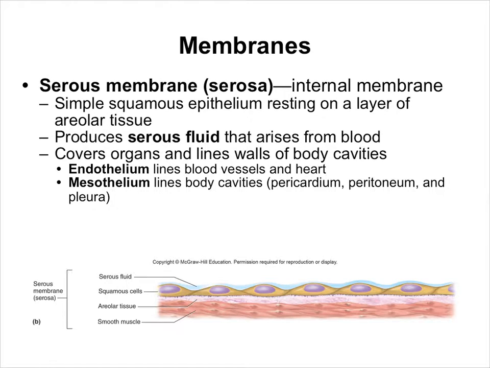So endothelium lines the inside of your blood vessels, and your heart is this endothelial serous membrane. Mesothelium lines body cavities, like your pericardial cavity, your peritoneal cavity, your pleural cavity, things like that.